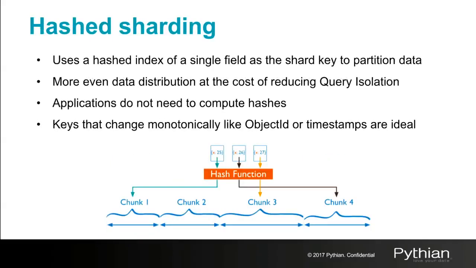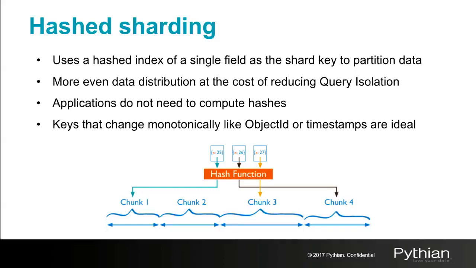Opposite from range-based sharding, we have the option to shard our collection with hash-based sharding, and we do that by running a command to shard the collection with a hashed key. It's important to mention that we do not need to compute the hash from our application.